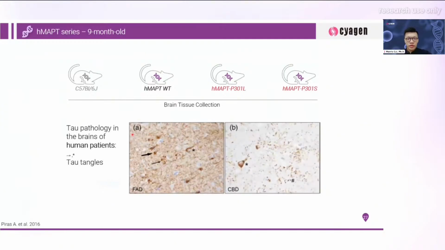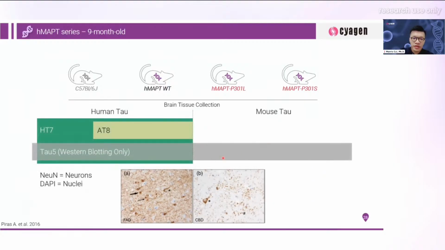Using the brain tissues, we try to observe the tau tangles in the mouse brain as indicated here. To this end, we utilized 3 different antibodies, focusing on detecting human tau in our HUGO lines. We used HT7 for total human tau. Based on HT7, we also used AT8.